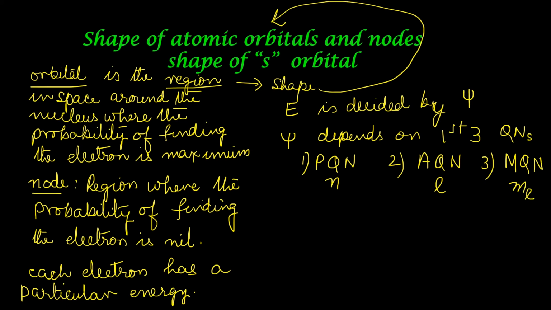Azimuthal quantum number l is allotted numbers like 0, 1, 2, 3 and so on. For these values of l, there are certain orientations given by ml. And the orientations are represented from negative l through 0 to positive l.